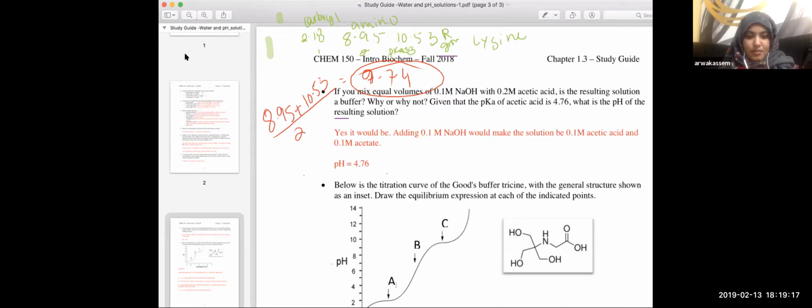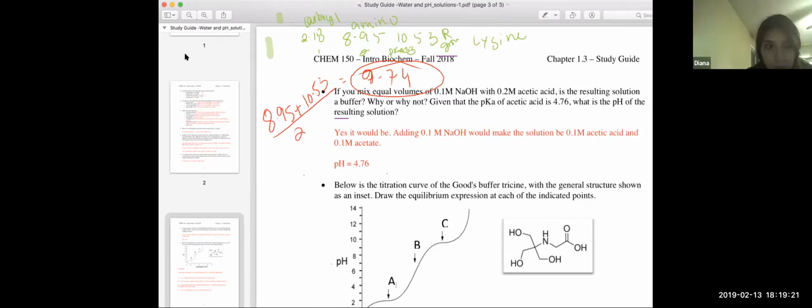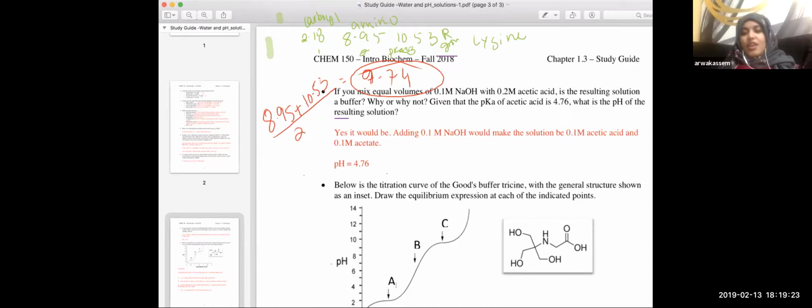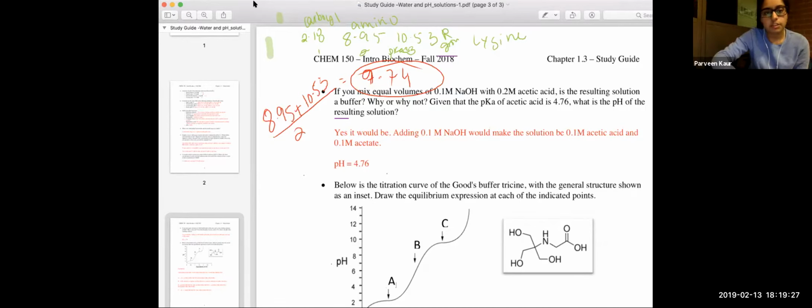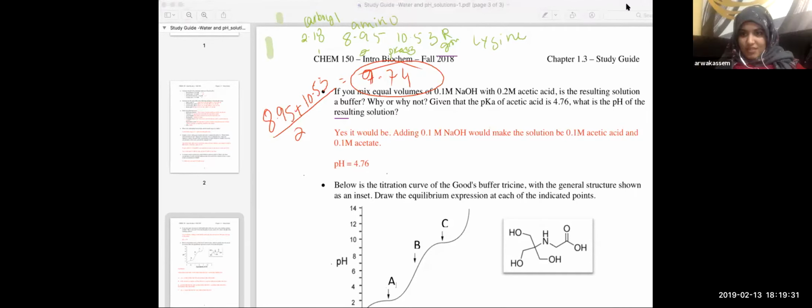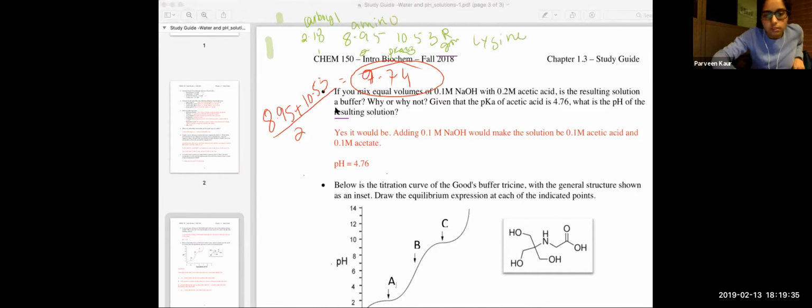Is there a list saying which ones are acidic and which ones are basic? Like a chart? No, but you can find images online. He said this is going to be given on the test. I think the only thing he'll give you is a chart with just pKa values and the amino acid name.